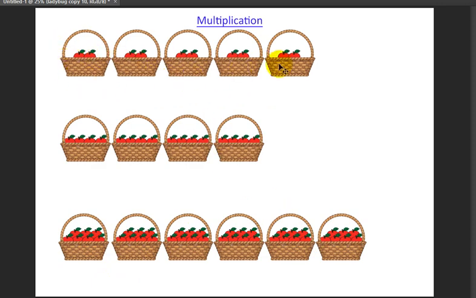Here we have another example. Let's say someone asks us how many apples are here in this first line of apples. So here in each basket, there are 2 apples, right?